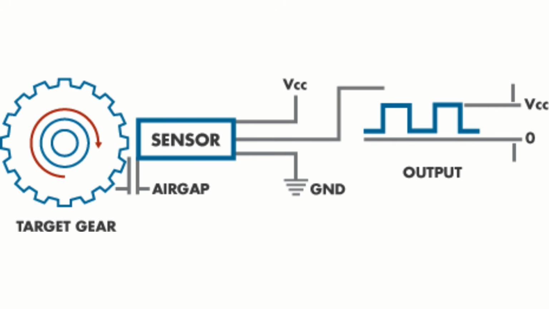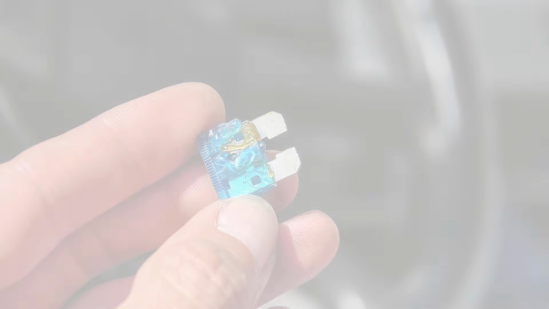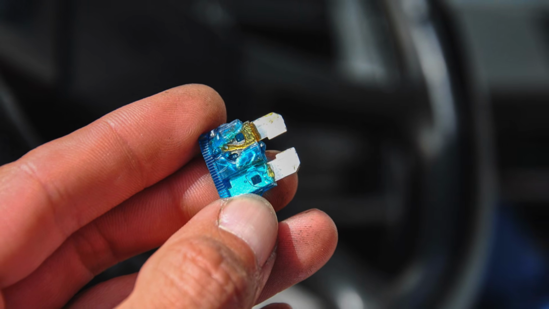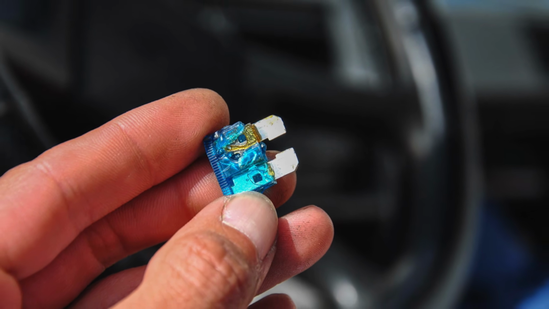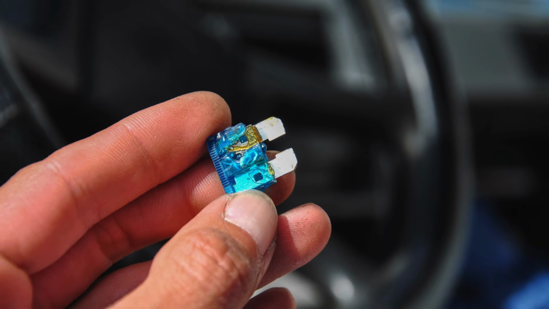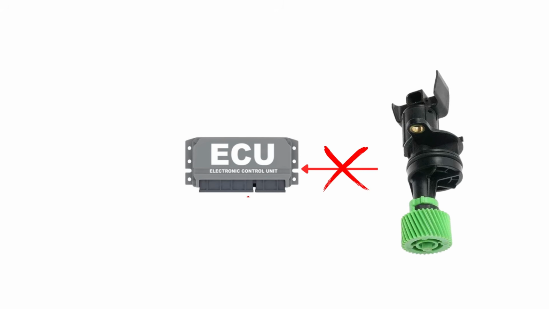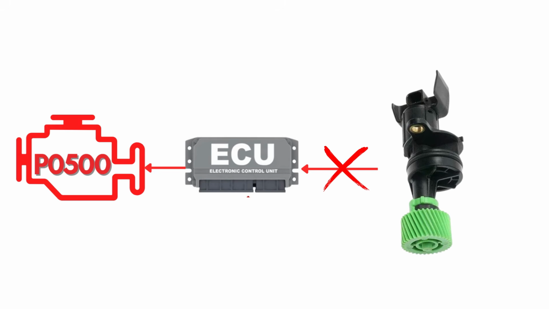If the 5-volt reference wire becomes open, shorted, or loses power due to a blown fuse, damaged wiring, or a poor electrical connection, the vehicle speed sensor will stop communicating with the ECU. As a result, the ECU receives no valid vehicle speed signal and stores the P0500 trouble code.